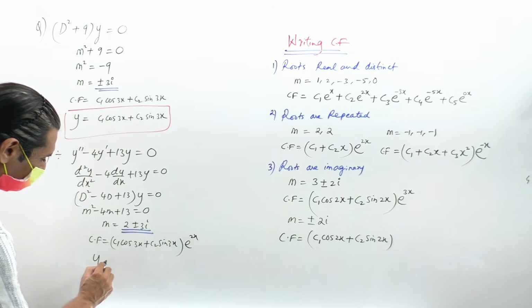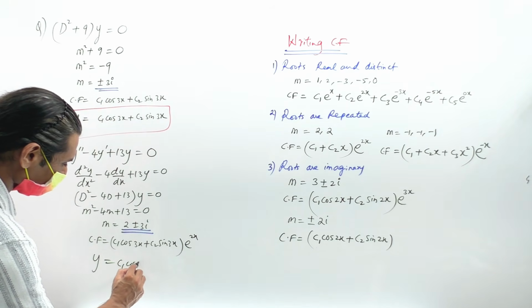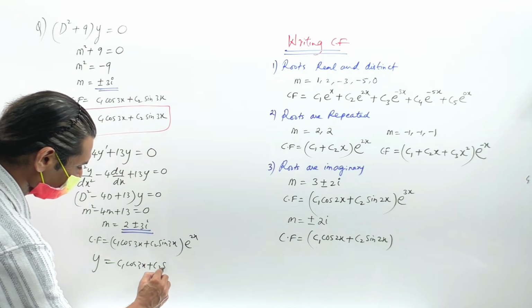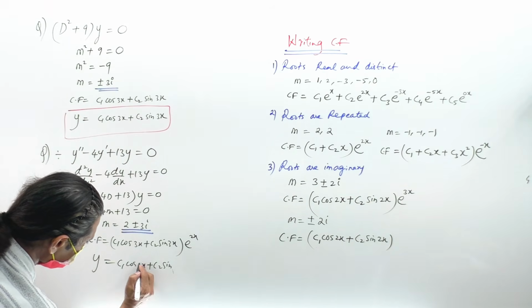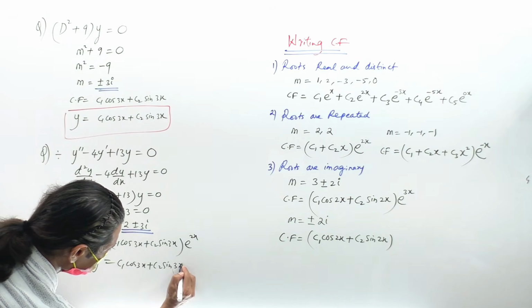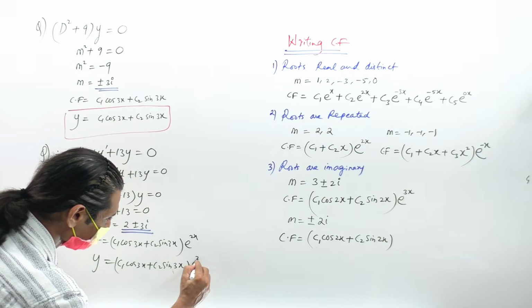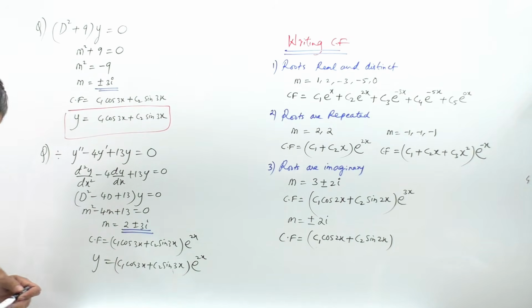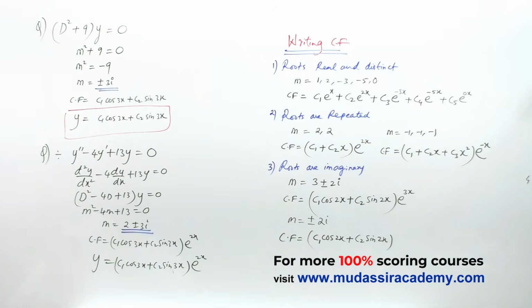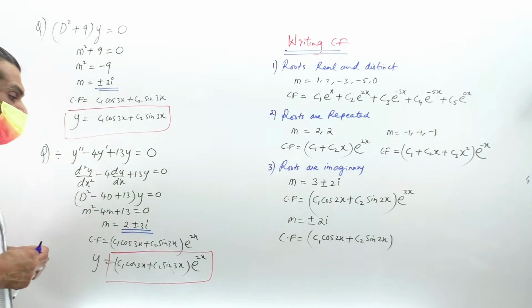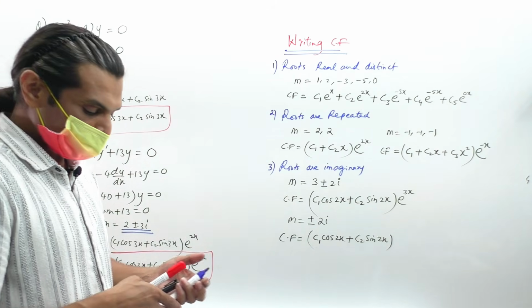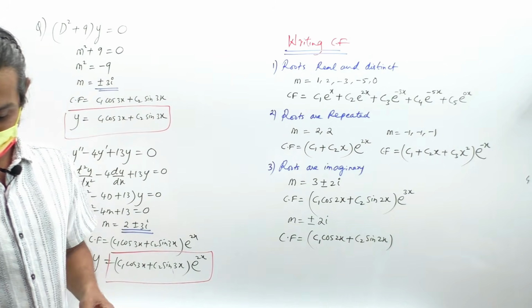That means the solution y is equal to C1 cos 3x plus C2 sin 3x, whole into e raised to 2x, because the solution is only the complementary function. Okay. So, the solution is y is equal to C1 cos 3x plus C2 sin 3x into e raised to 2x. That is it. I hope you understood the solution here.